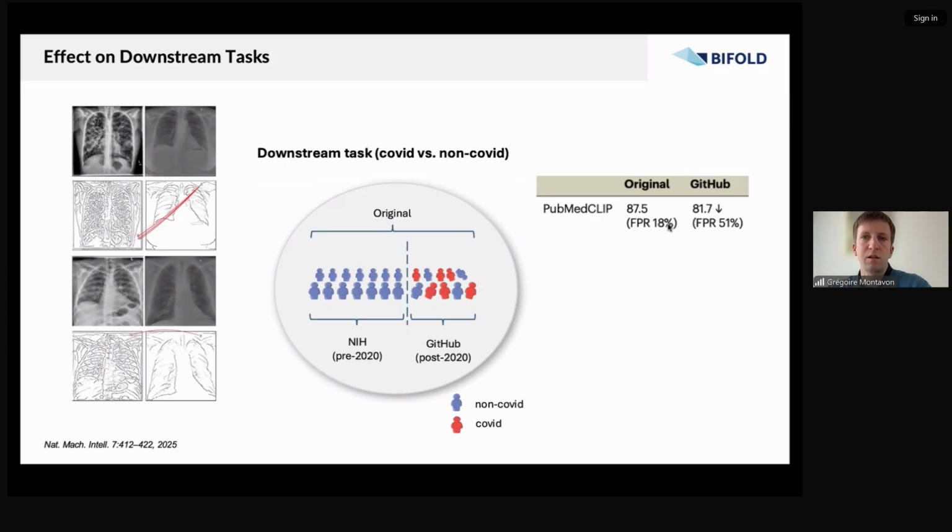And this basically tells us that the strategy of the model was in fact to look at specific signatures in the more heterogeneous GitHub data sets, compared to the NIH, which is a bit more regular, rather than to actually perform the intended task.